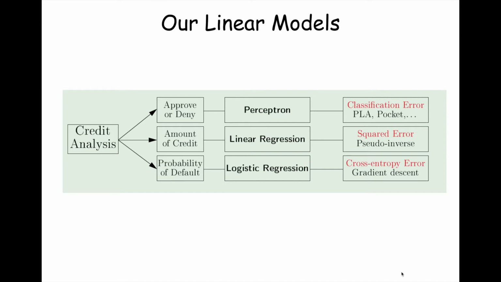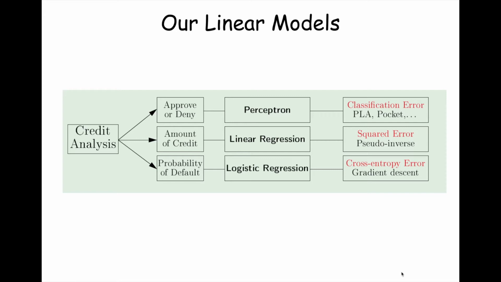Okay, and so we ended last time with this description of all the linear models and the relationships they had with one another in the context of the credit approval problem. And we highlighted that by changing various aspects, namely the pointwise error, as well as the algorithm, as well as the threshold, whether it's a soft threshold or hard threshold, we can dramatically change the behavior of what we originally thought was a very simple, not very capable linear model.